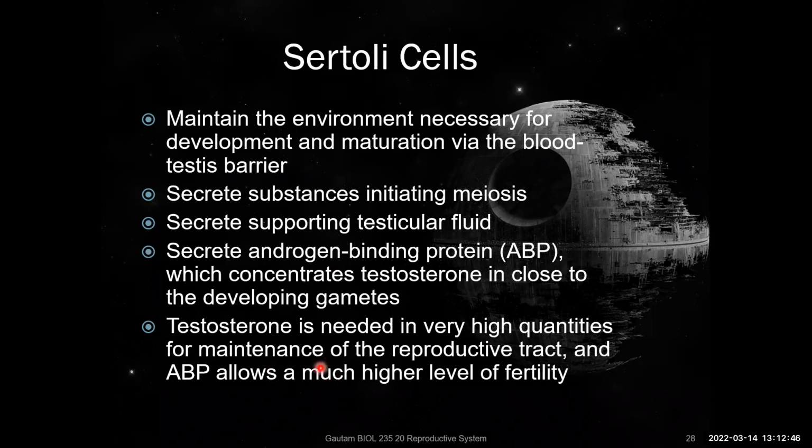So ABP allows for the concentration of testosterone, right? So the greater the amount of ABP present, the higher the level of fertility of that man. And with age, ABP production slows down and therefore affects the fertility of the aging man.